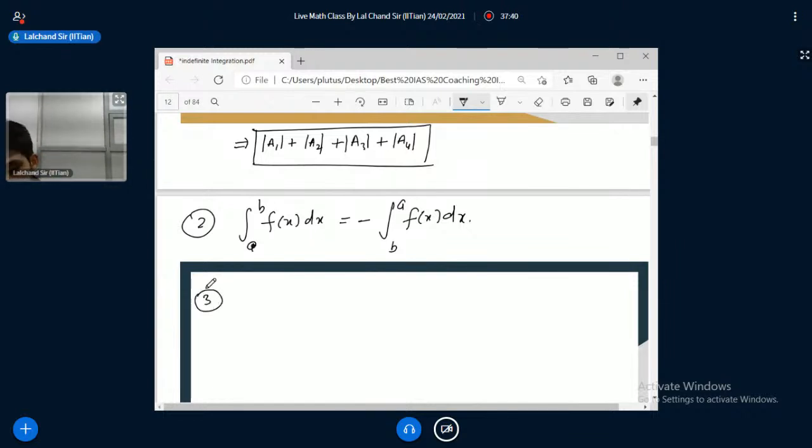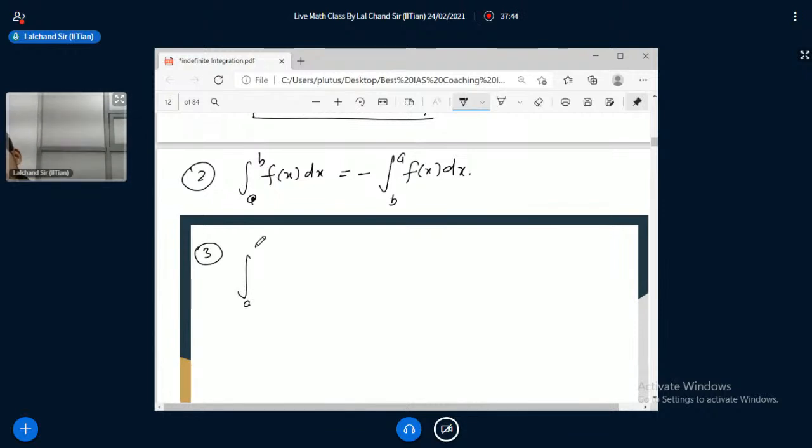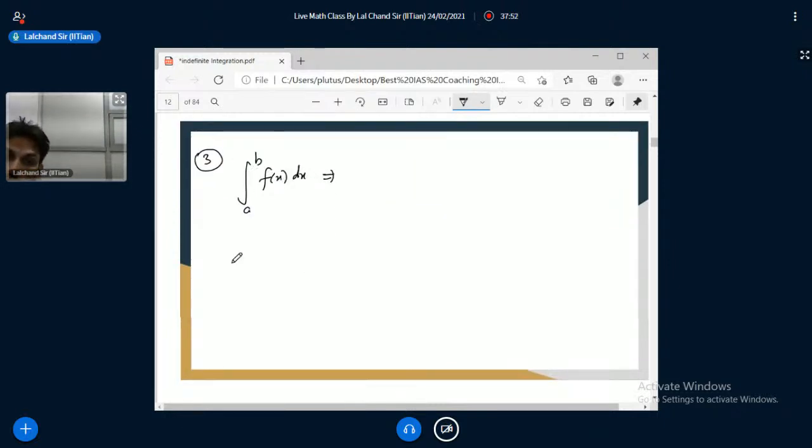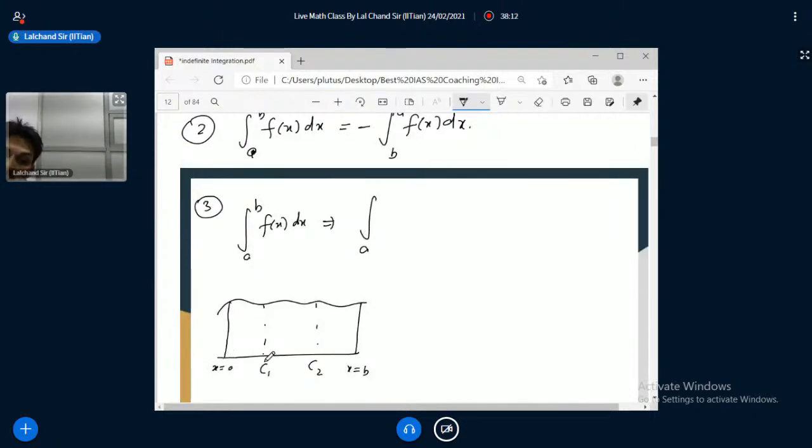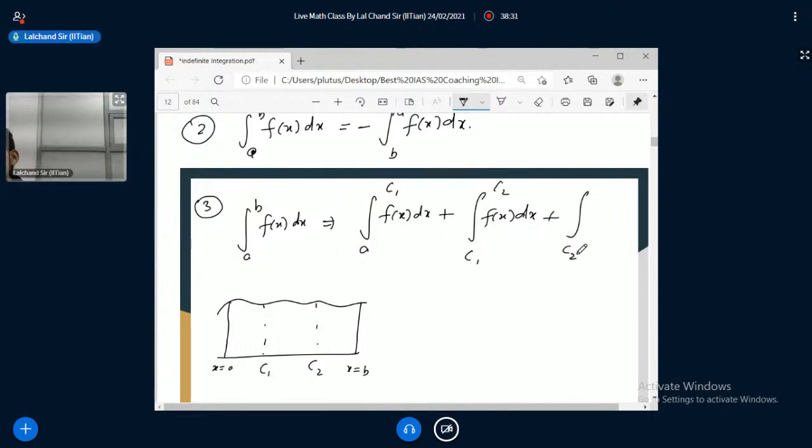And the third property is, if I have the integral from a to b of f(x) dx, and in between, if this function is continuous, let's suppose this is f(x) and this point is a and this point is b, and there are lots of points in between like c1 and c2, then we can break this integral as a to c1 of f(x) dx, from c1 to c2, from this point to this point, of f(x) dx, plus c2 to the final point b of f(x) dx.